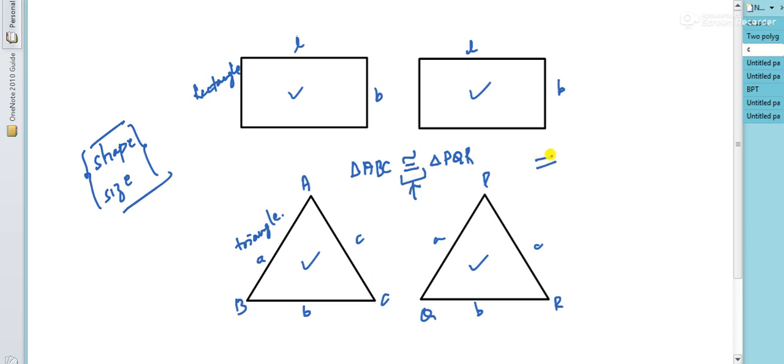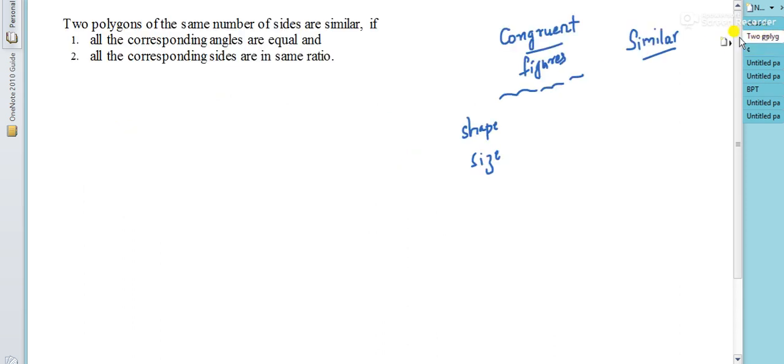Remember this. Now our topic is about similarity. What do you mean by similar? A figure with the same shape but different size. That is the difference between congruent and similar figures.